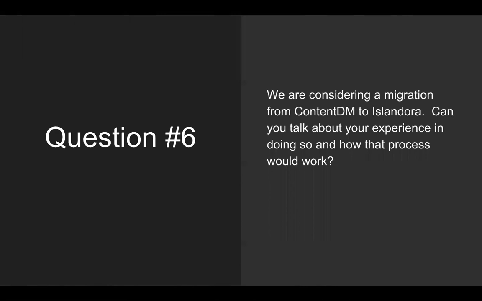But the more appropriate bang for your buck solution would be something that properly utilizes the Content DM REST API and is actually able to pull information as it exists in the structure that it exists out of Content DM and programmatically generate objects inside Islandora. Or at least that's the way we do it. There's more manual methods available.